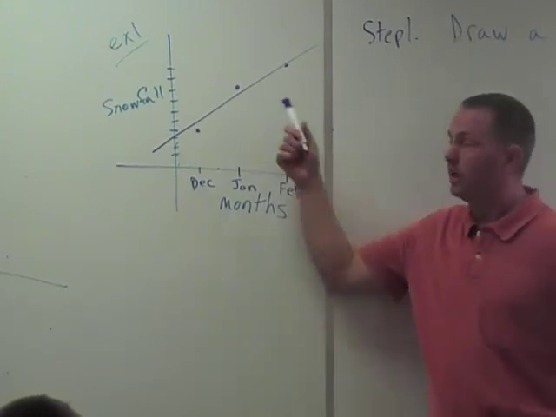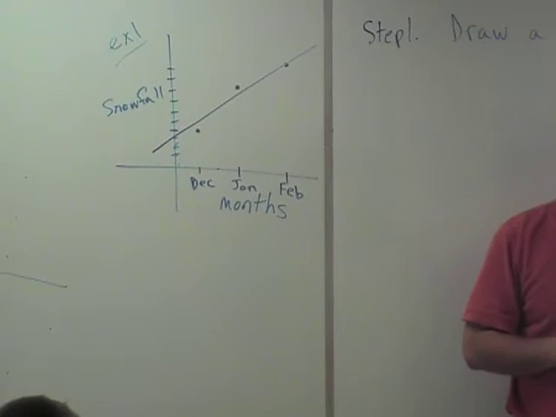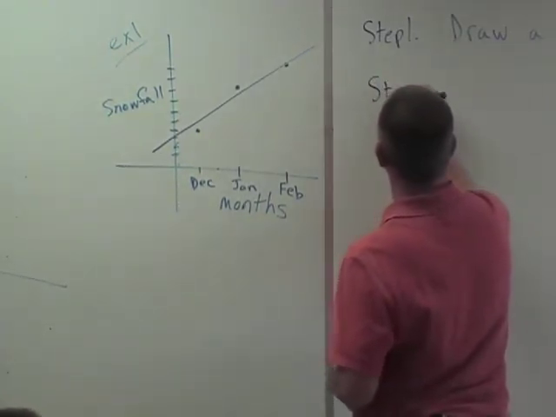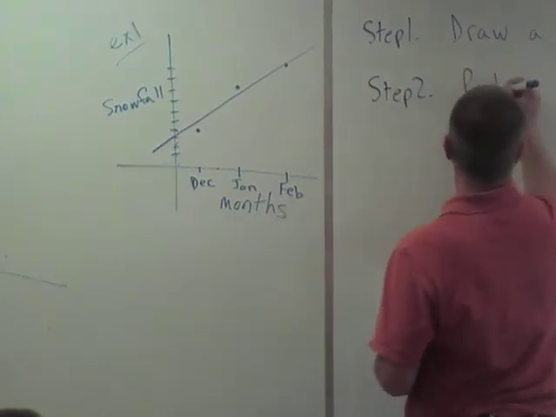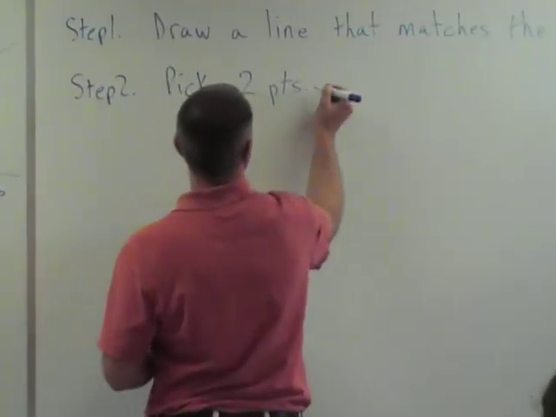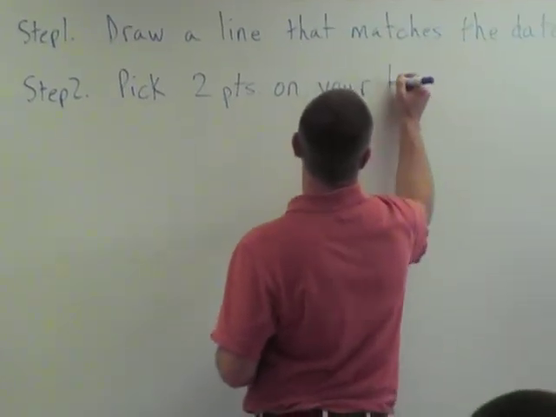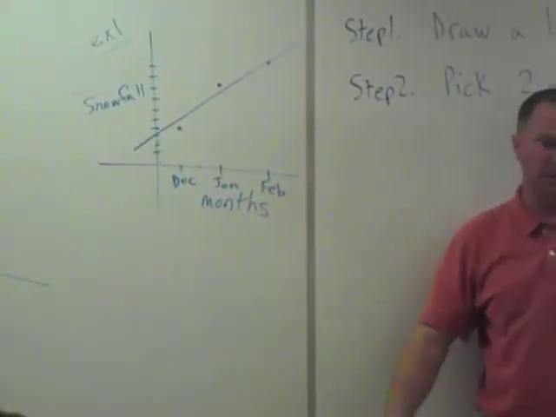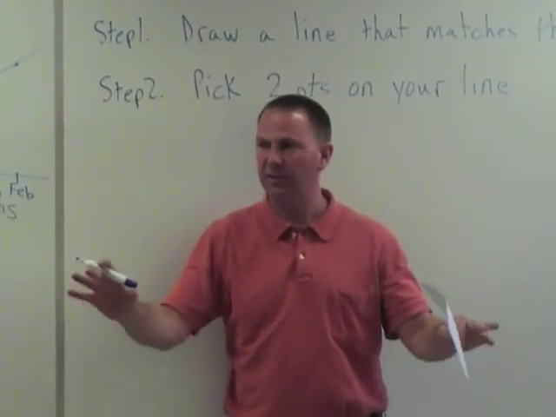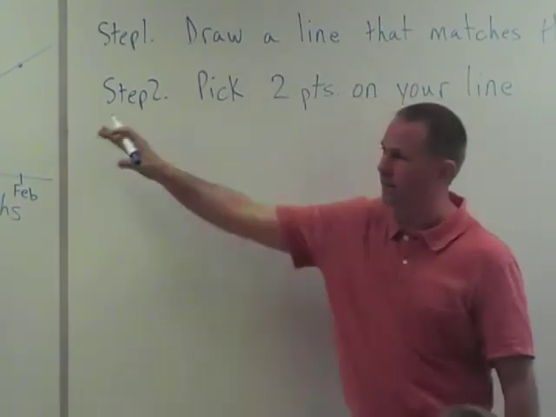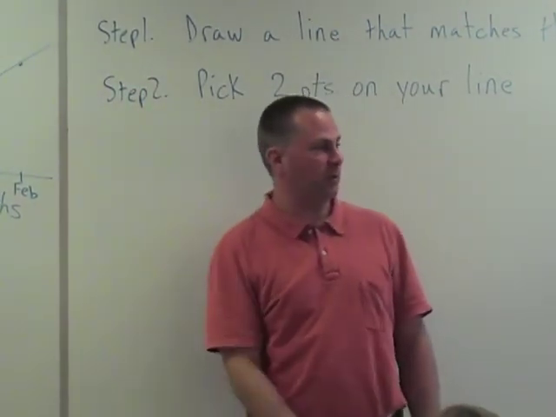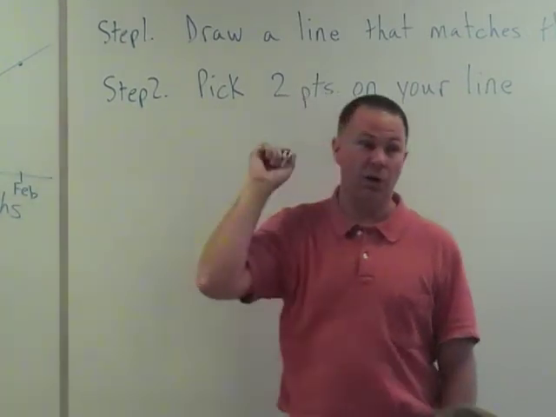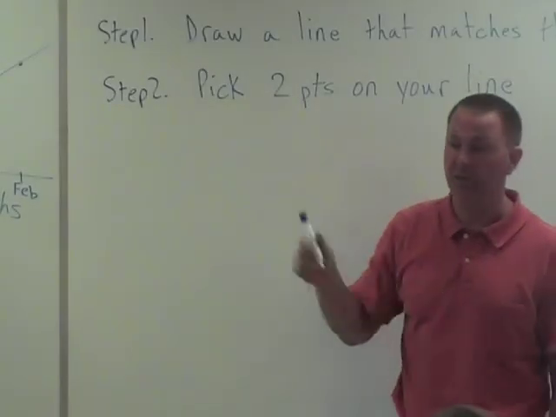And then you have to come up with the equation of that line. What do you need for an equation of a line? Slope. Step 2, pick 2 points on your line. It does not need to be points given in the problem. The line doesn't have to hit the points, and you don't have to pick the points that are in here. But you do have to pick 2 points on your line, because you're giving the equation of this line.